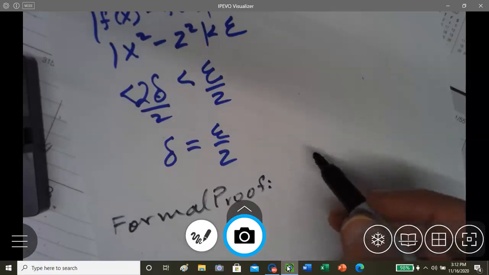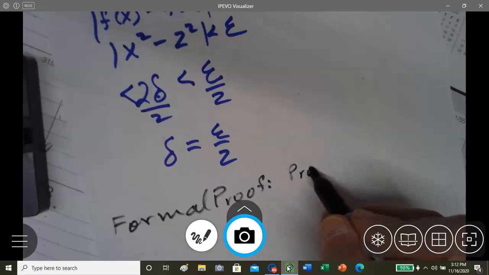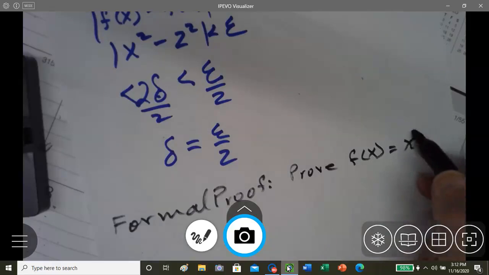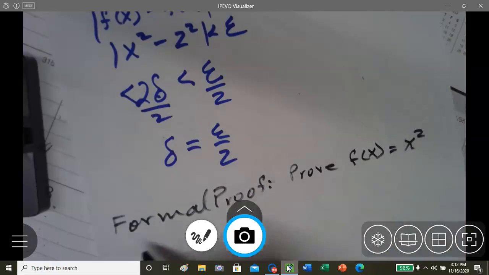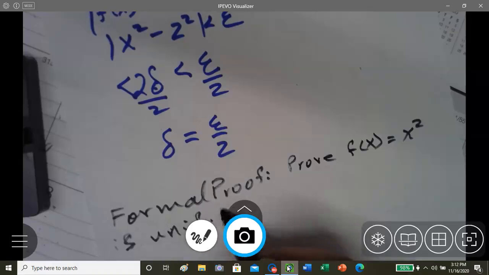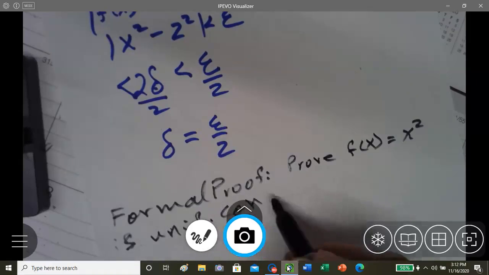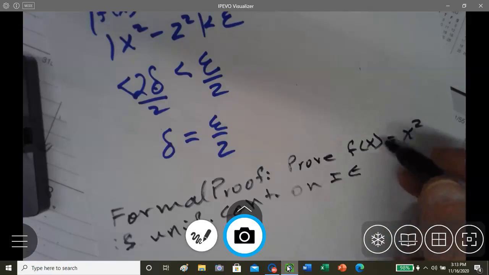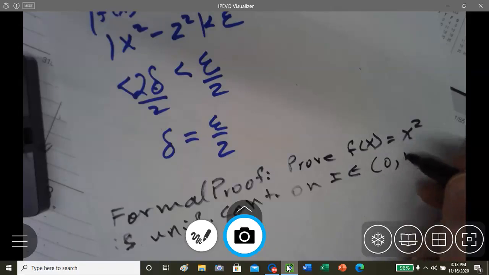And we want to prove that f of x equals x squared is uniformly continuous on our interval from 0 to 1.